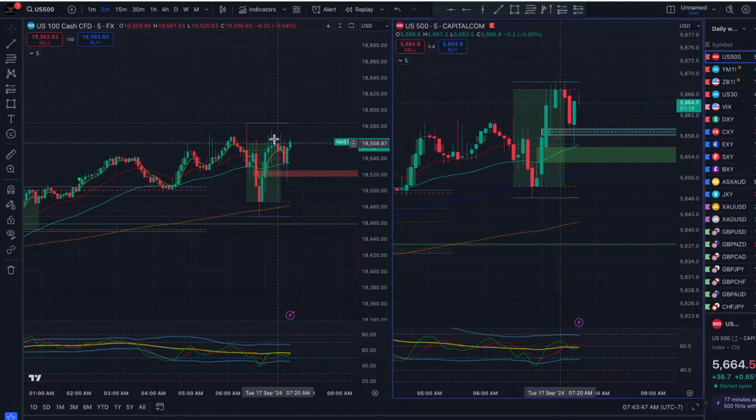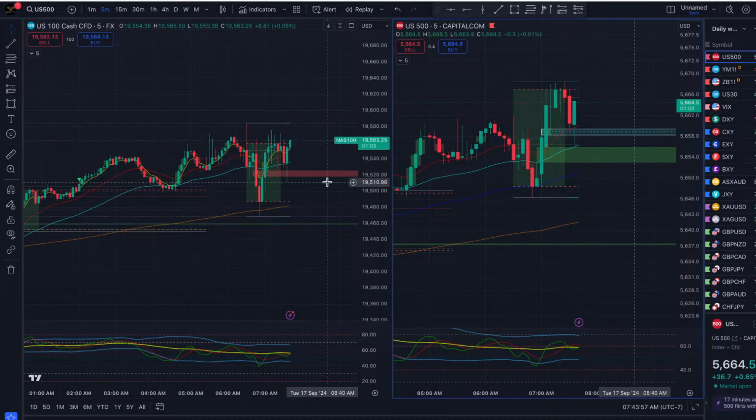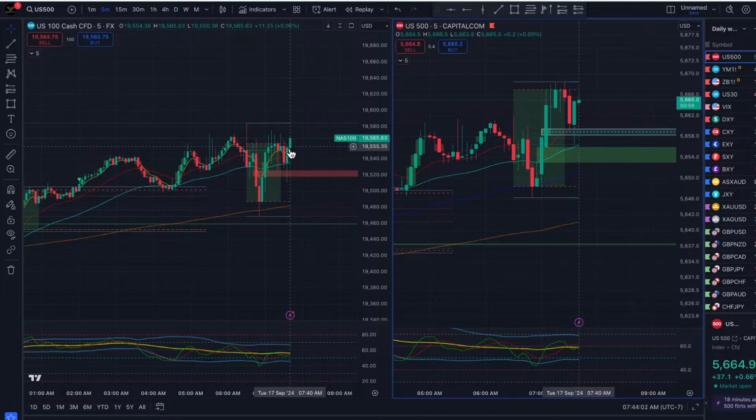There are people that were shorting from up here after seeing all this rejection. Now let's see if we can't get that bullish confirmation.